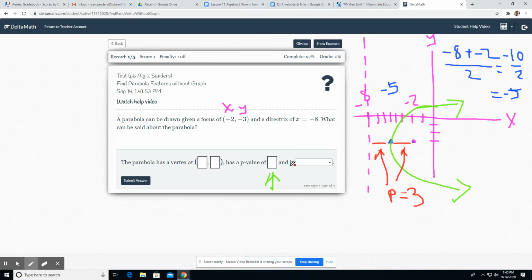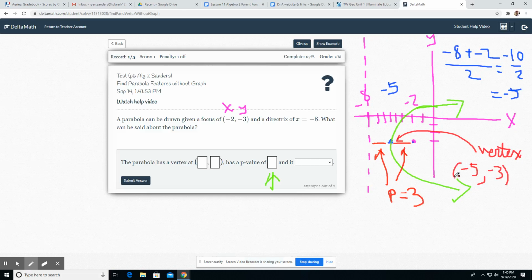That looks like most of what we need. Oh, let's just go ahead and add that vertex aspect to it. So the vertex right there, the vertex, V-E-R-T-E-X, has an x value of -5, and then it matches the y value here, -3.